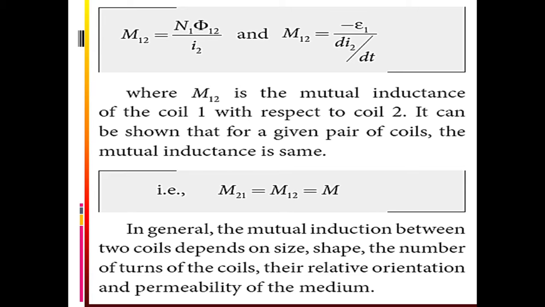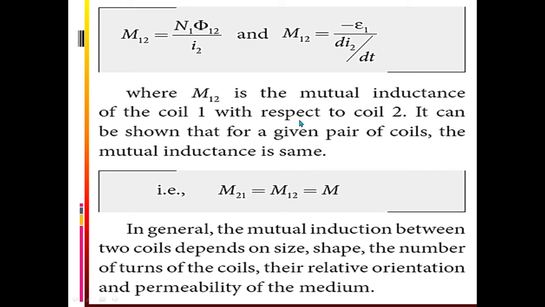This EMF opposes the growth of current in the secondary coil. So the equation can be written as M12 is equal to N1φ12 divided by I2, and the mutual induction formula of this reversible process is M12 is equal to minus epsilon 1 divided by dI2 divided by dt, where M12 is the mutual inductance of coil 1 with respect to coil 2.